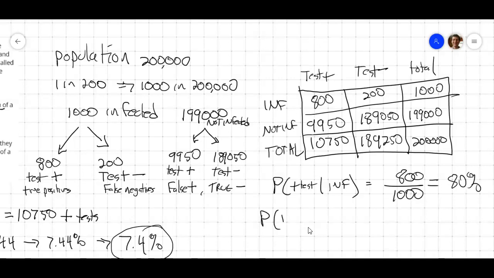But the other ones, given that they have a positive test, how many people had a positive test? All of those. And how many people were infected? Just those. So we can work out all the different conditional probabilities working with this table efficiently. So you get to choose whether you want to work out the numbers and just list them as I did, or put them in a table, either way.